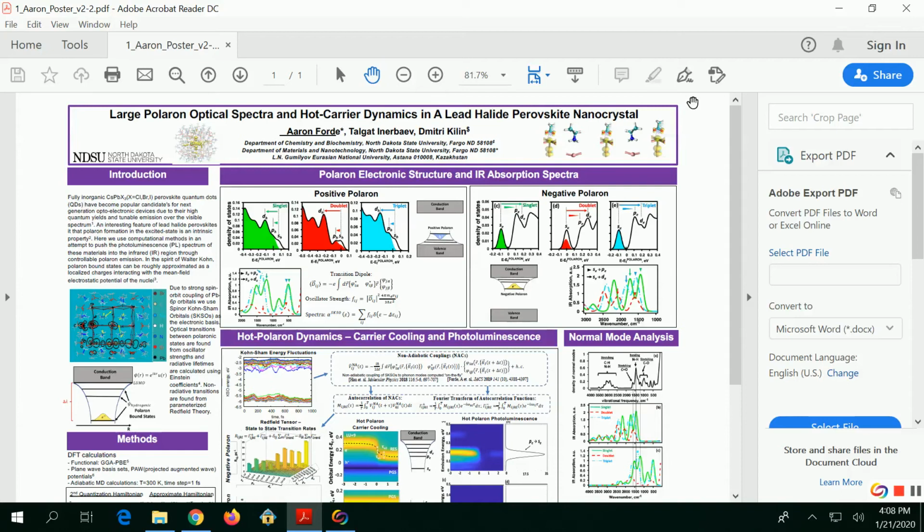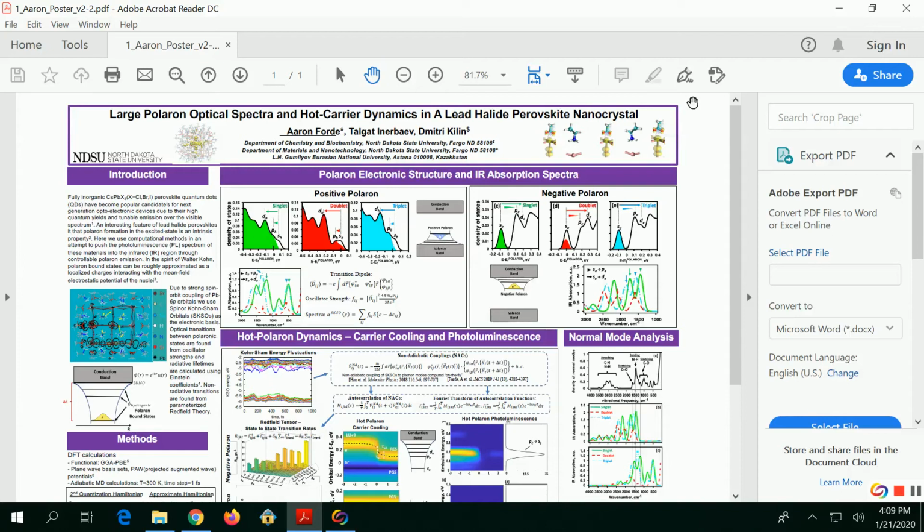Essentially what I'm going to be presenting is optical absorption within the bound polaron excited states, so IR absorption. And then we're also going to model excited state dynamics, considering if you were able to create a hot polaron. By that I mean if you could create a polaronic state that had excess energy inside the well, how would the radiative and non-radiative dynamics of that system follow?